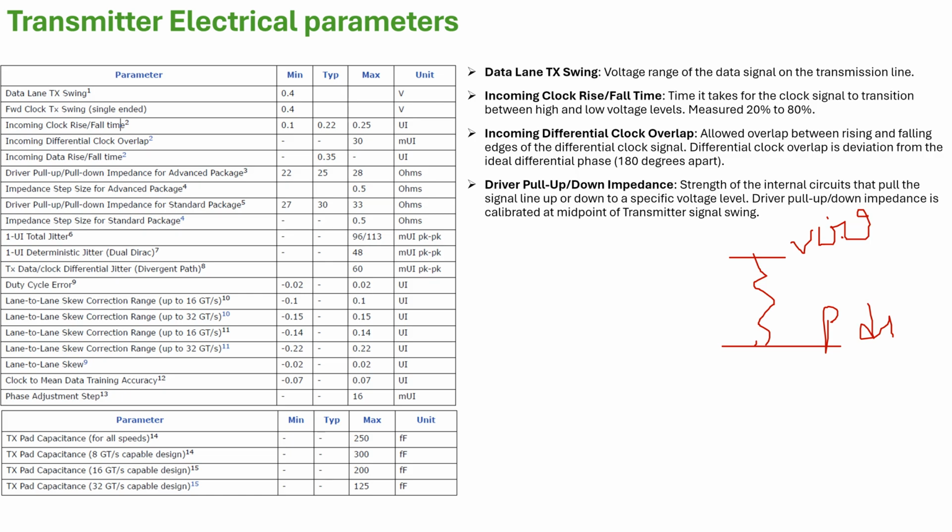So how is it measured? Driver pull up pull down impedance is calibrated at a midpoint of the transmit voltage. There is a signal swing right here like this, single ended anyway, sorry. Here, right, the signaling like this, there is a midpoint here, and it's captured. Okay, impedance is captured.